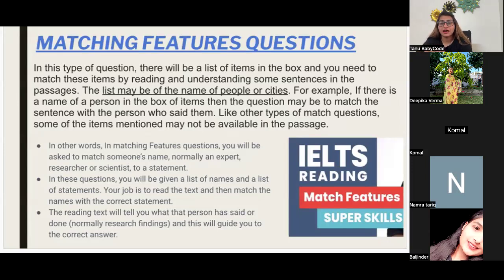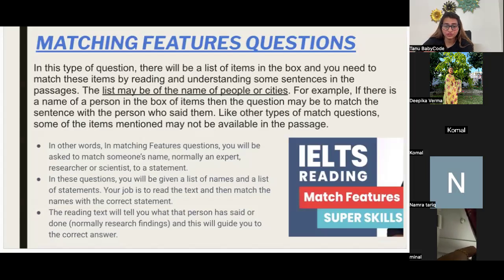That means if you are given a list of trainers' names and their statements, you have to read the passage and check which statement is said by which trainer, right? Who said that?